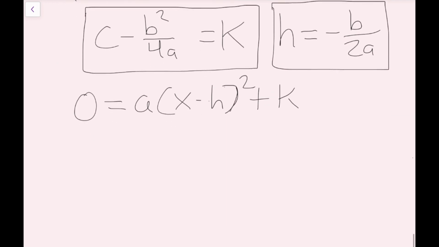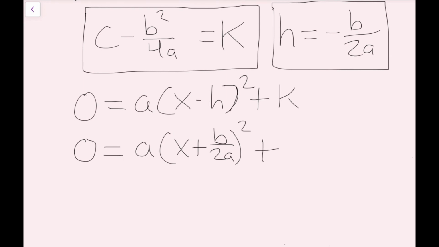So now I'm just going to plug these things in. So this is really 0 equals a times x, and then I have a double negative here, minus a negative, so plus b over 2a squared, plus k, which is the whole value, c minus b squared over 4a.